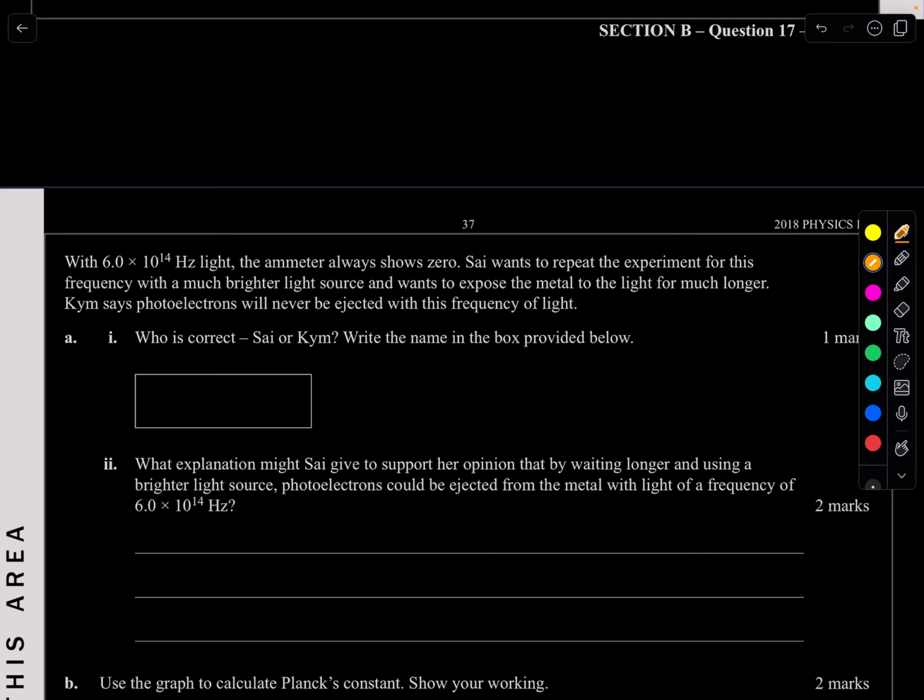Basically, Kim's right. The ammeter always shows 0 because that means no photoelectrons are being emitted.